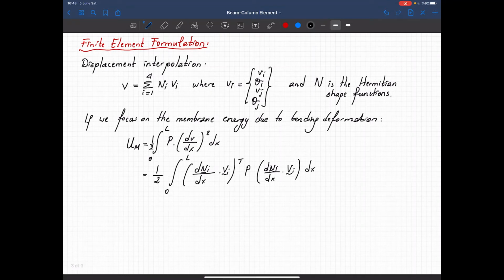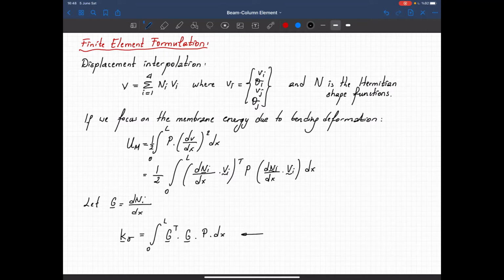Now we know this form, so if I just say let the G matrix be equal to dN_i/dx, then my stiffness matrix, let's call this one K sigma, is equal to the integral from 0 to L of G transpose multiplied by G times P dx.